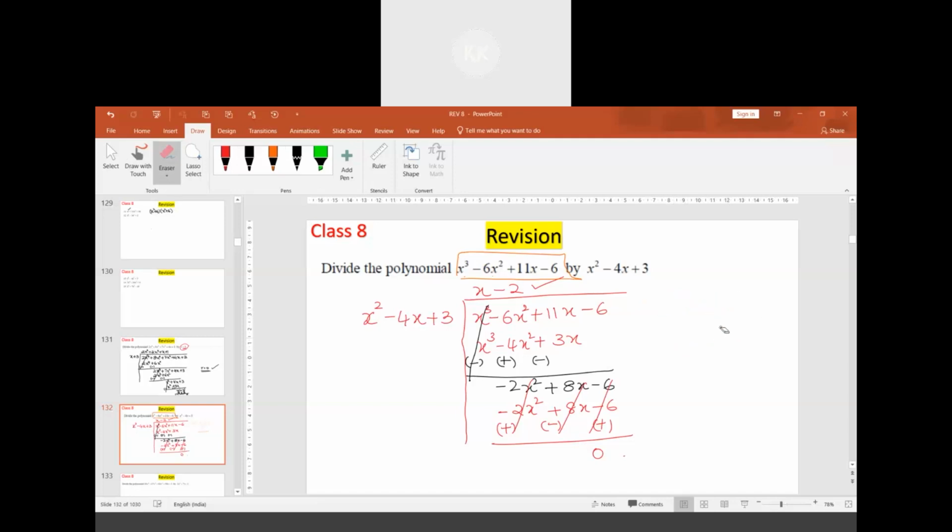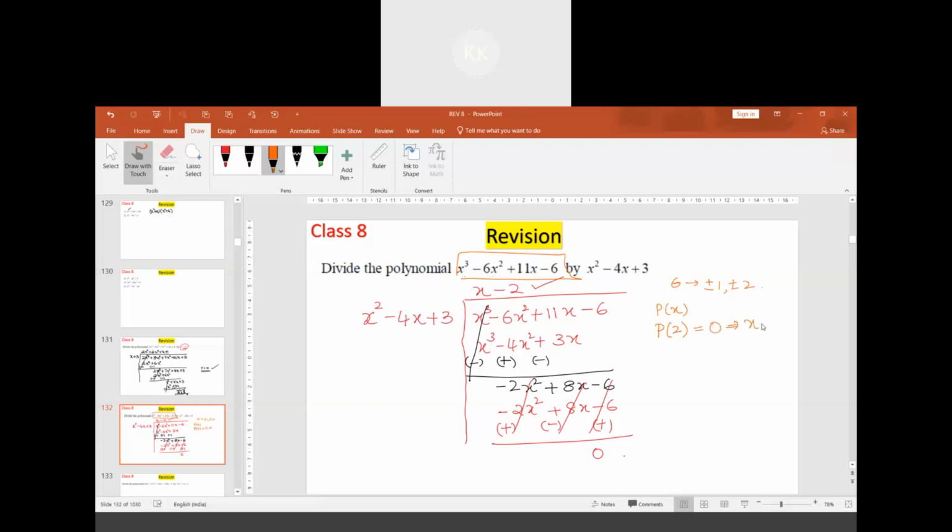But when you reach class 9th, there you will learn the factor theorem. You are going to write the factors of 6. The factors of 6 are plus or minus 1, plus or minus 2, 3, 4. You will consider this as a polynomial, say p of x. You will keep substituting. At some place, p of 2 will be equal to 0.